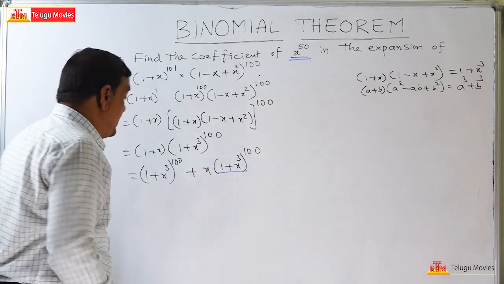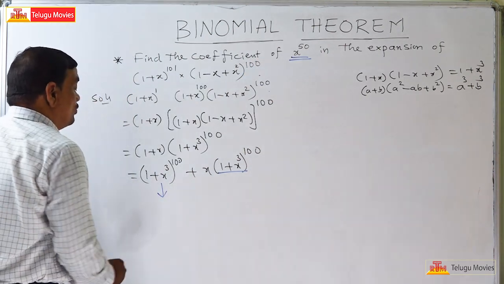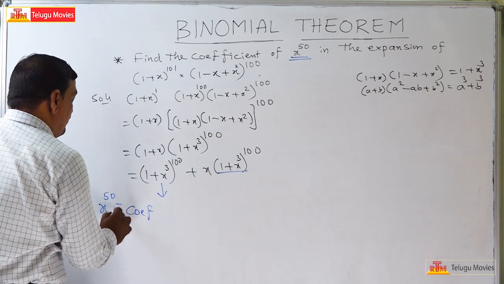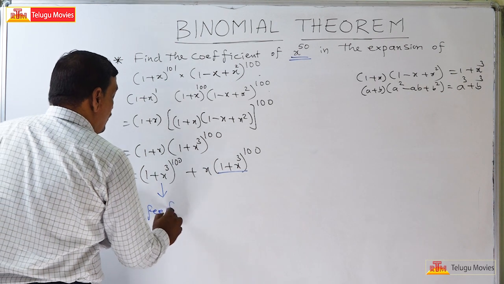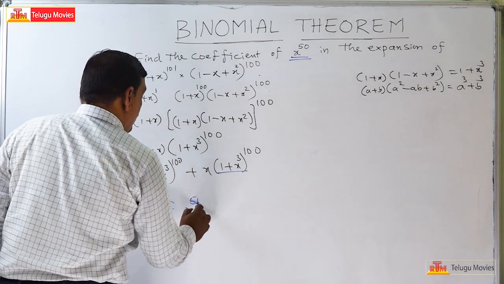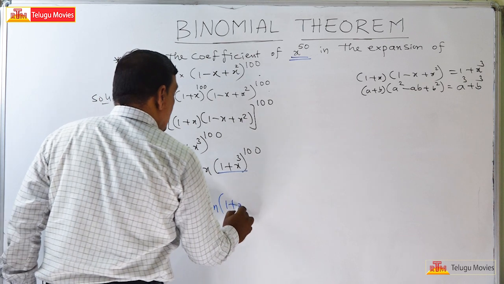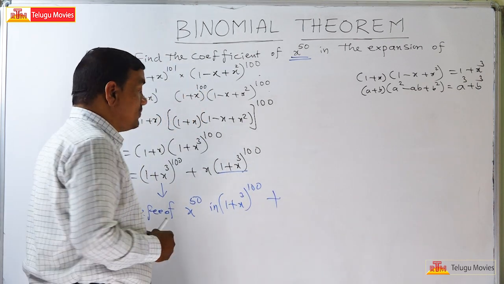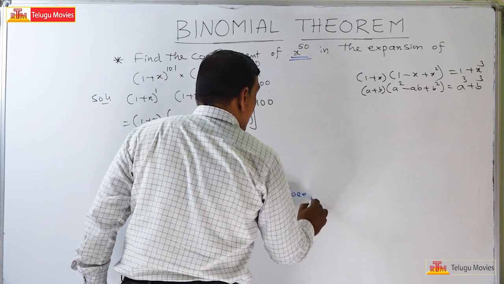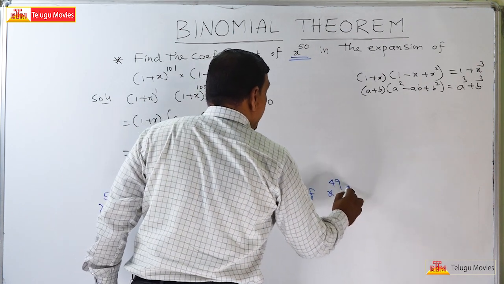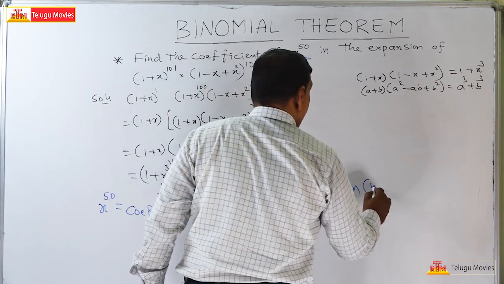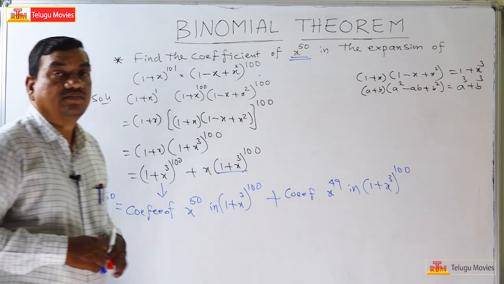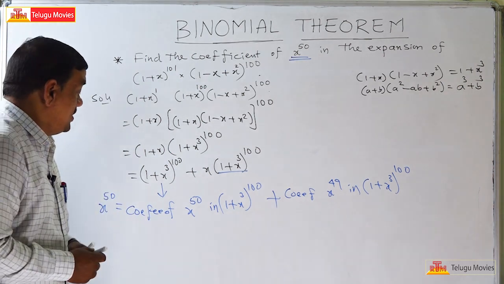That means the coefficient of x to the power of 50 in the expansion of 1 plus x cube whole power 100, plus the coefficient of x to the power of 49 in the expansion of 1 plus x cube whole power 100. Understand this?